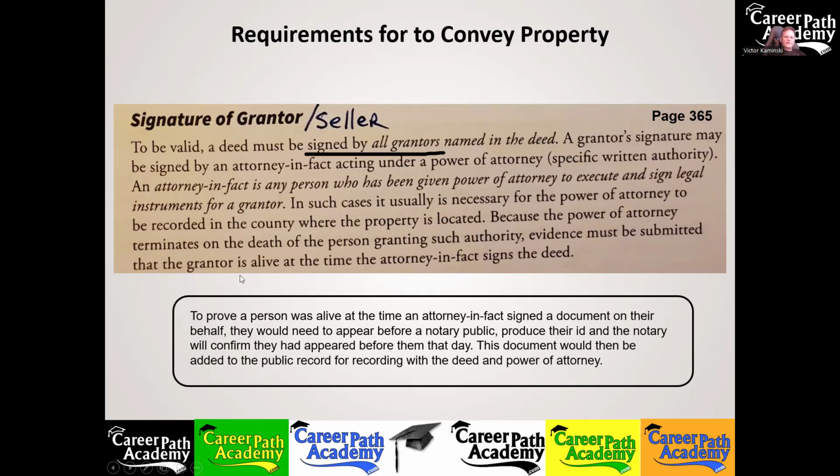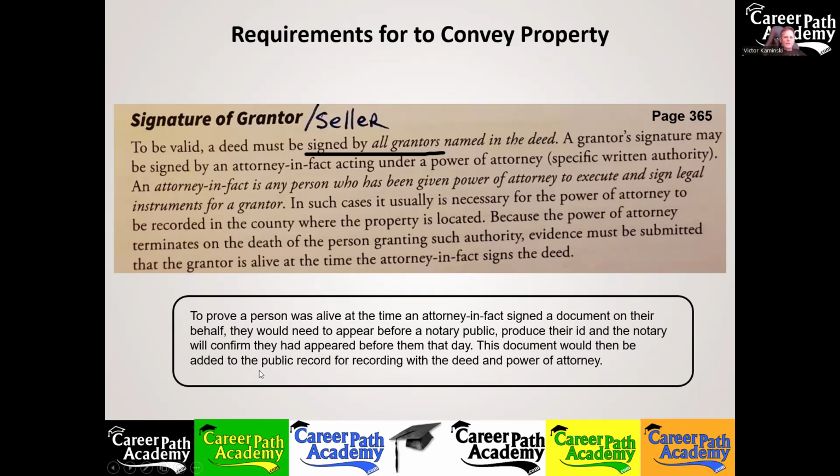Evidence must be submitted that the grantor was alive at the time the attorney in fact signed these documents. So to prove a person was alive at the time an attorney in fact signed a document on their behalf, they would need to appear before a notary public, produce their ID, and the notary will confirm that they have appeared before them on that day.